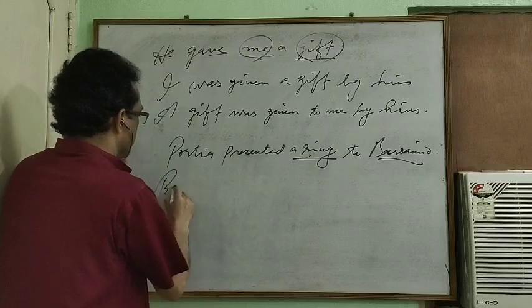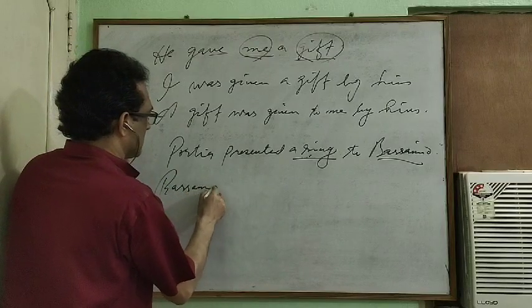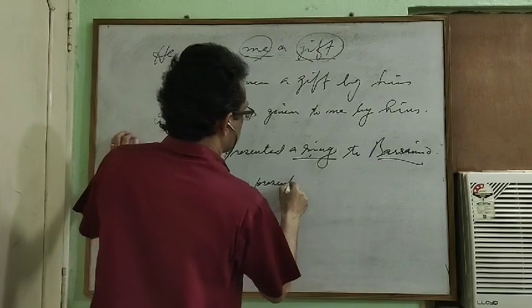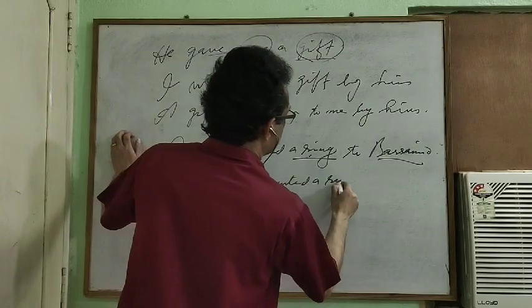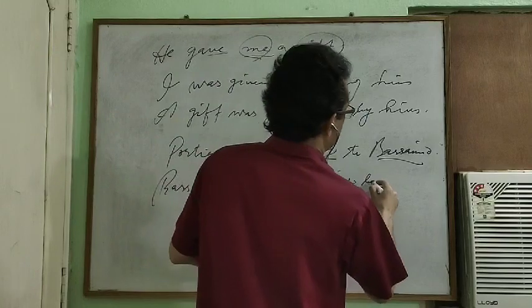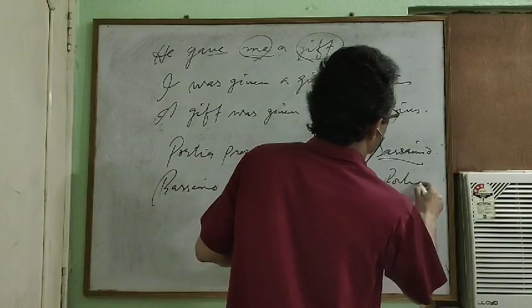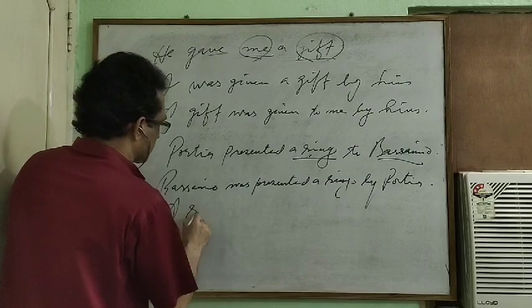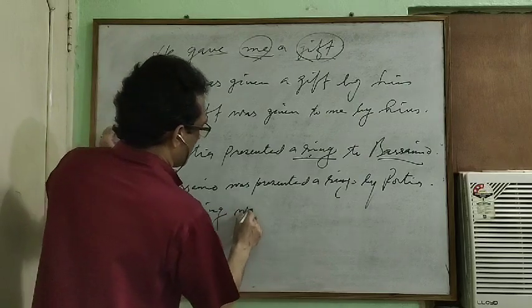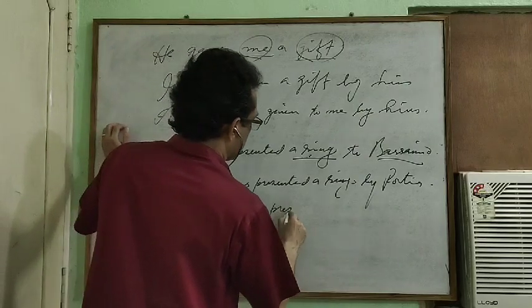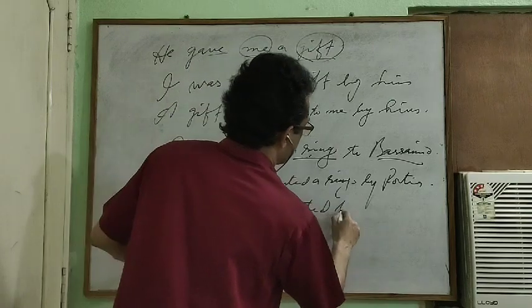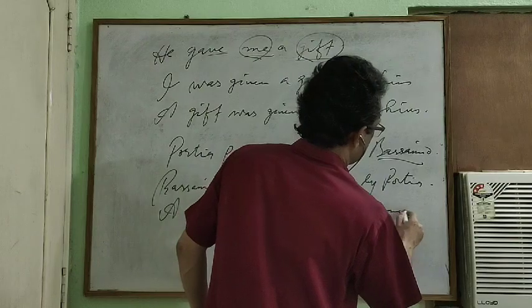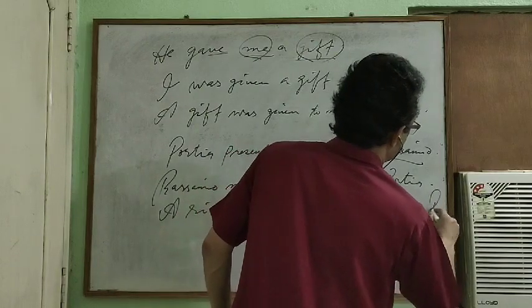So Bassanio was presented a ring by Portia, or a ring was presented to Bassanio by Portia.